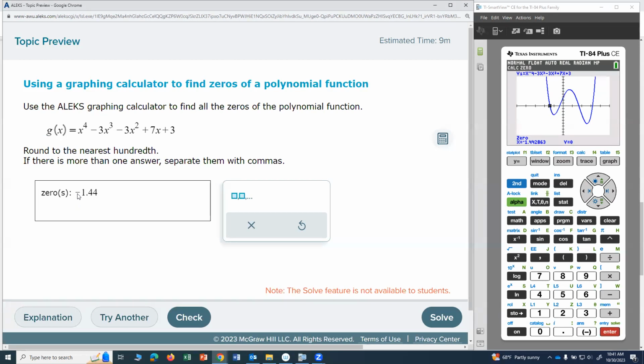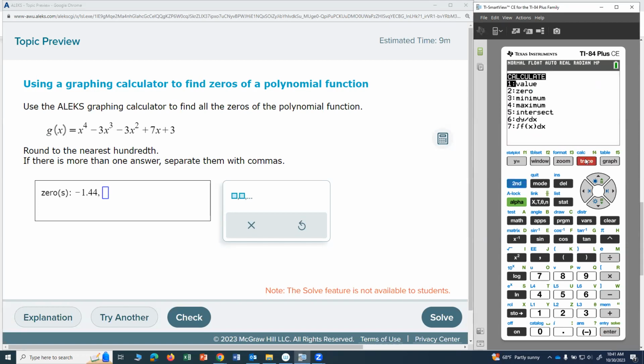So my first 0 of the function is negative 1.44. They say round to the nearest hundredth. Now I have to do the process for each intercept. So I go back to second trace, select 0. I need a left bound, so I hit enter, and a right bound. Enter. So the second 0 is negative 0.39.